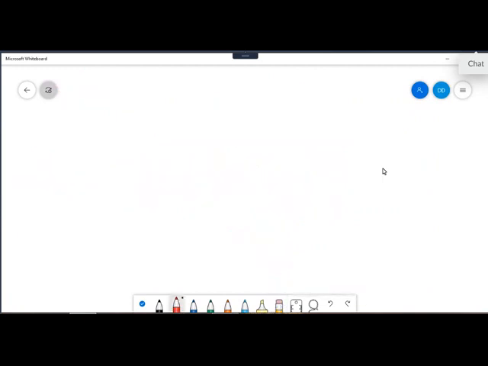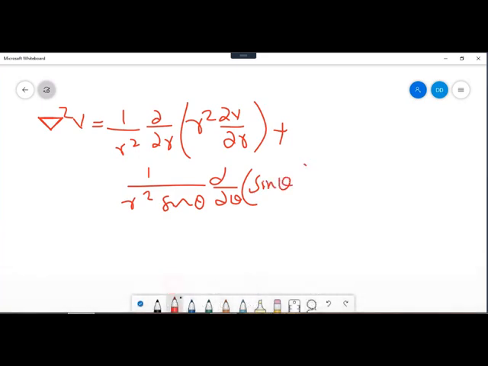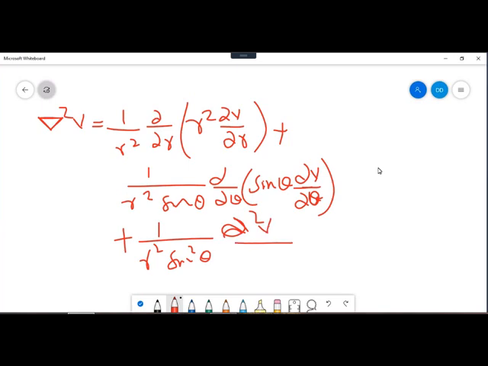In spherical coordinate system, del square V is 1 by r square del bar by del bar r of r square del bar V by del bar r, plus 1 by r square sine theta del bar by del bar theta of sine theta del bar V by del bar theta, plus 1 by r square sine square theta del bar square V divided by del bar phi square.